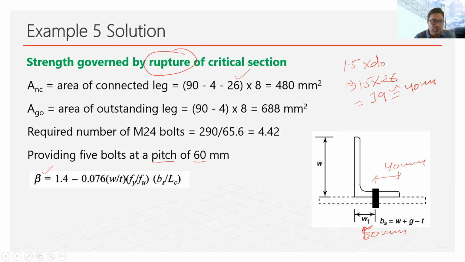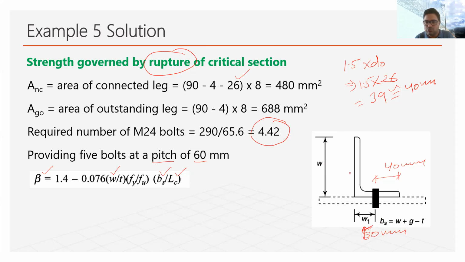Why am I doing this? Because to get the value of beta, we are required to get the value of W, BS and LC. Now to get the value of LC, we are required to find out the number of bolts. So you can understand why I have calculated the number of bolts and the pitch.